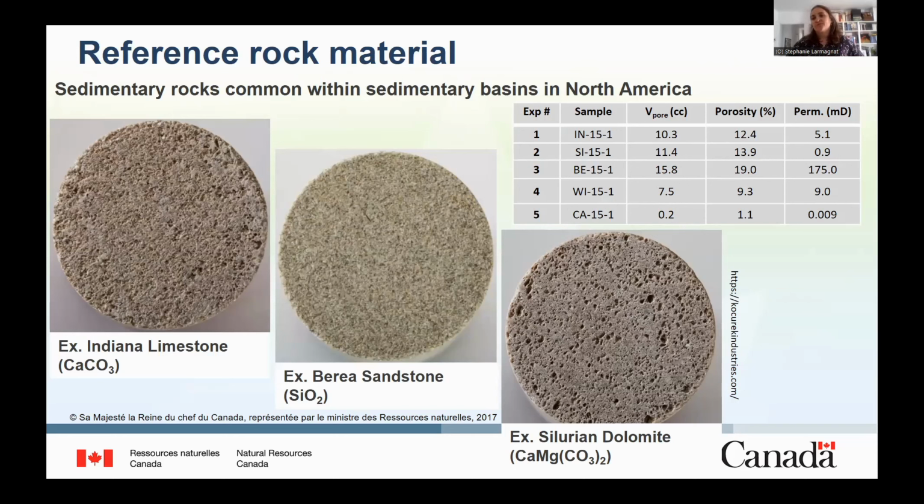We have 3 limestone, 1 dolomite, and we also chose 1 sandstone, even though we are supposed to focus on carbonate. With the sandstone, we will eventually look at the carbonate cement in this sandstone and how it's reacting. As you can see here, we have a wide range of porosity, and we have one example that is really low porosity and low permeability.